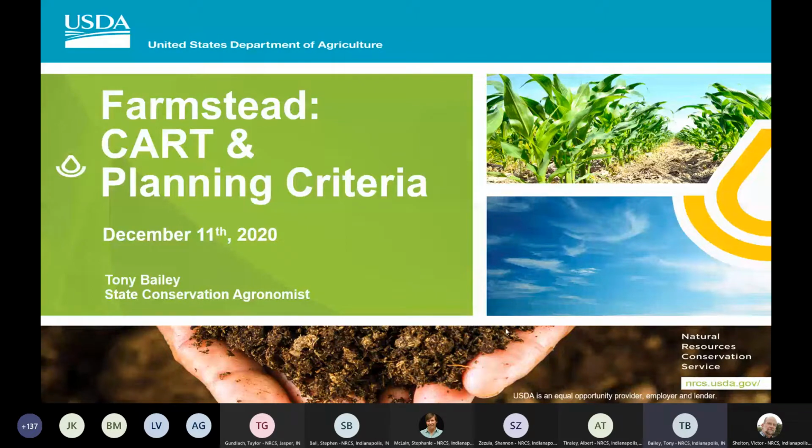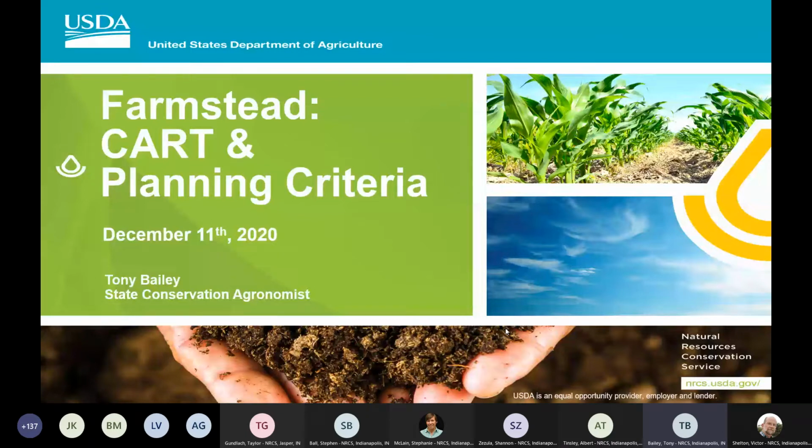But I do want to emphasize how important it is that we pay attention to what's going on at the farmstead and think about these various things, the storages and what's going on. National put those in there for a reason. I think it's rightfully so. We think about conservation planning on the whole farm.